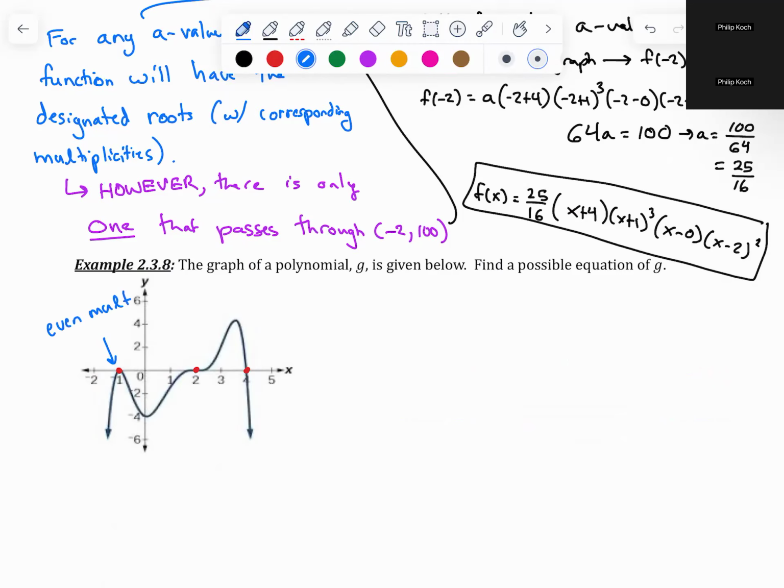It has to be an even multiplicity. Now, whether it's multiplicity 2, multiplicity 4, multiplicity 5 billion, that's up for interpretation. It's probably not going to be 5 billion. That would be obscene, and this graph would be way too crazy. But let's assume 2.